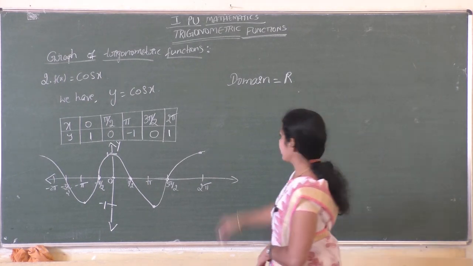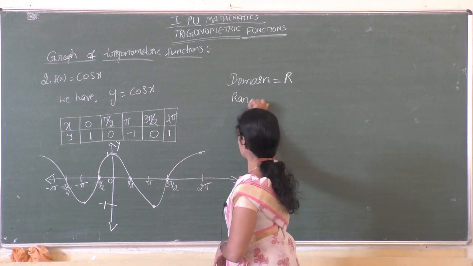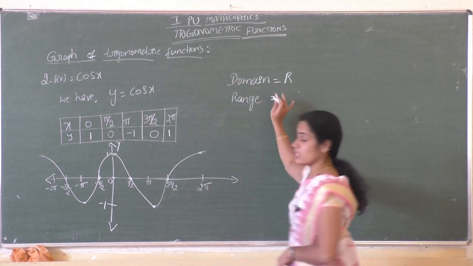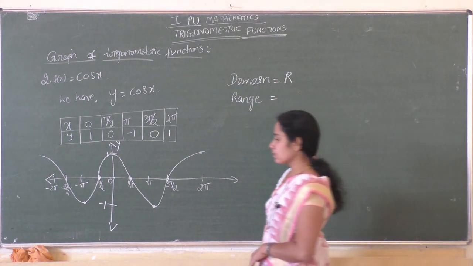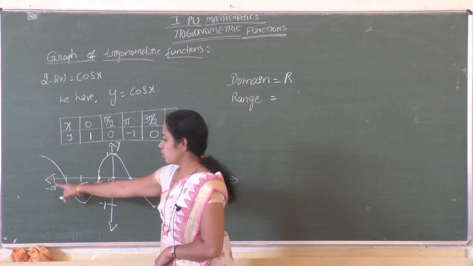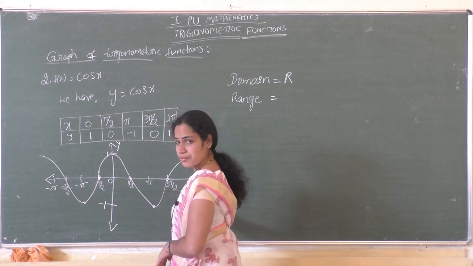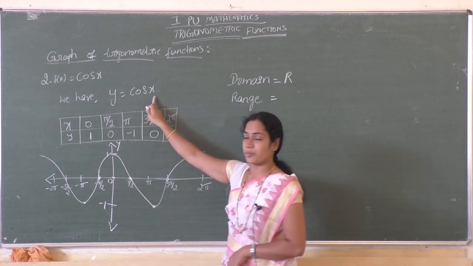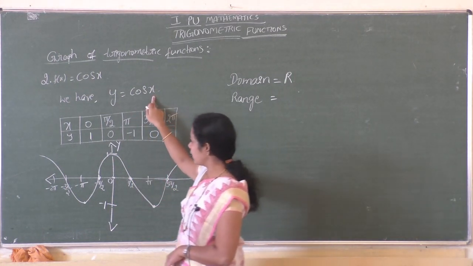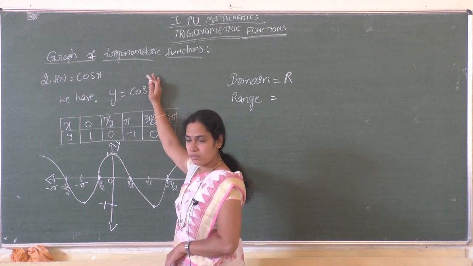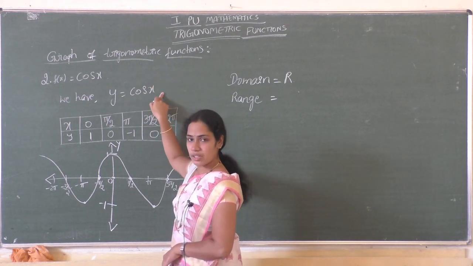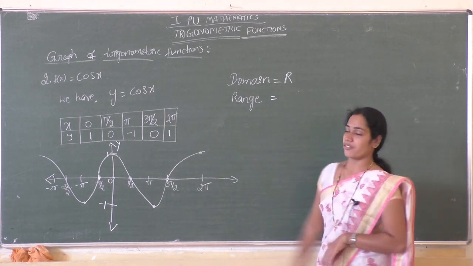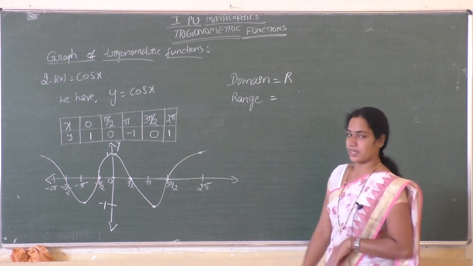Remember this domain and range, that is important. For the domain we have to look at the x-axis: whatever value we put, the function is defined. On the x-axis we can take any value, so the function is defined for all of them. So the domain of the function is the set of all real numbers.